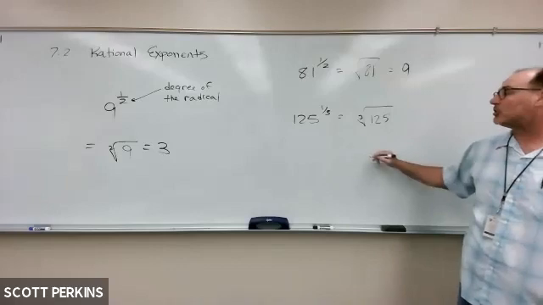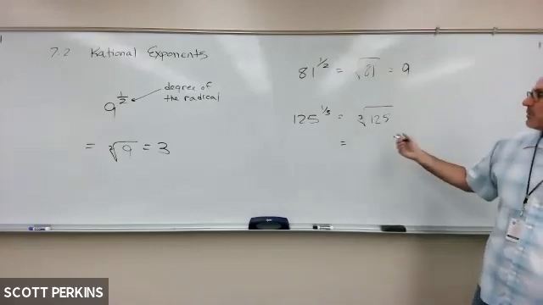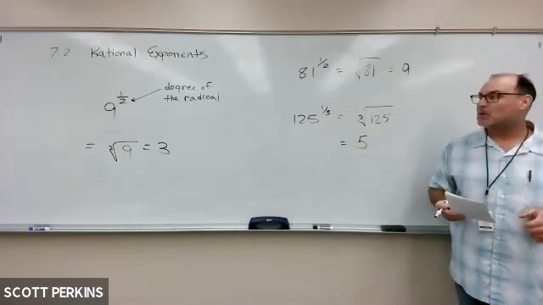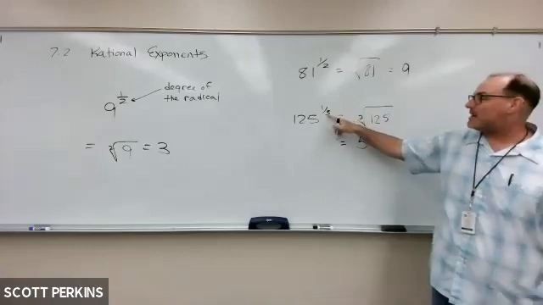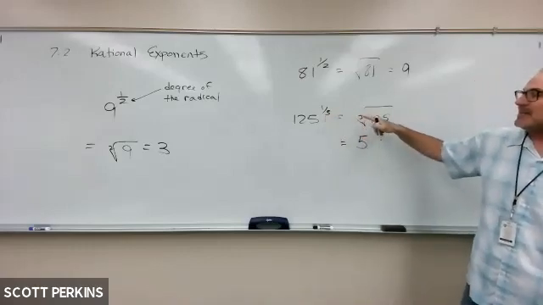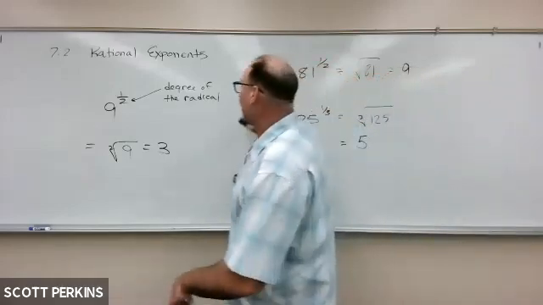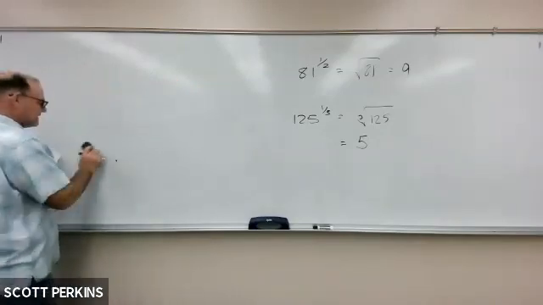And again, we did this earlier in the previous unit. That is 5, 5 times 5 times 5. So we're just making this link that the denominator of a fraction becomes the index of the radical. Okay, they mean the same thing. It's just different notation.